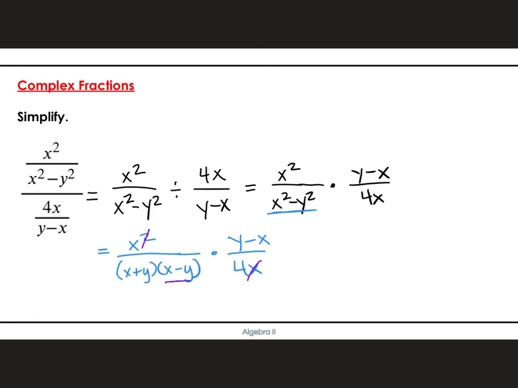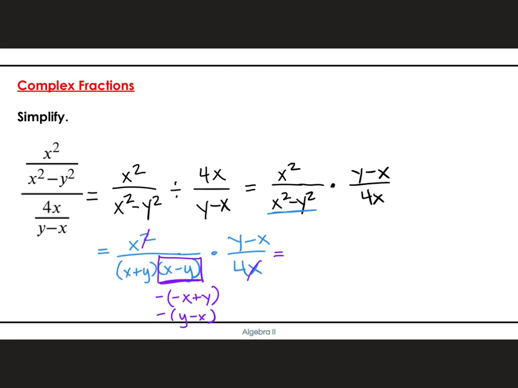So I'm going to take this portion of the problem and pull out a negative to help me out. Negative times what is going to give me a positive x? That's a negative x. And then negative times what is going to give me a negative y? That's going to be a positive y. So then that is a negative x plus y. And I can switch that around to be negative and then y minus x. And so it now looks like what we have.